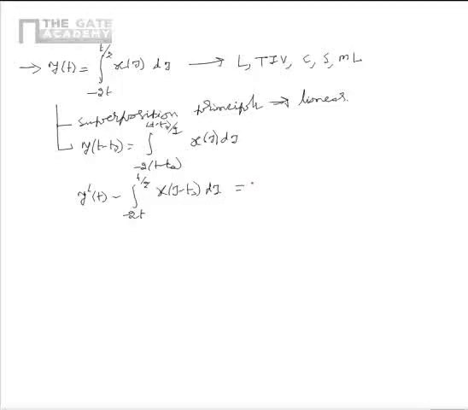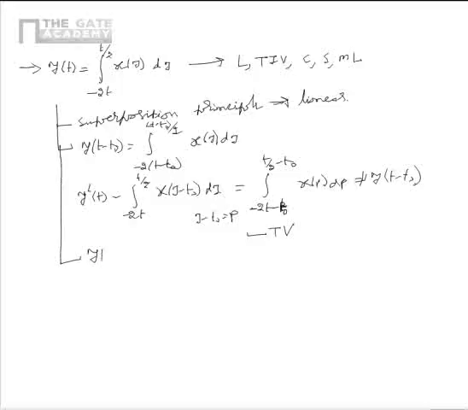Now, upon changing the integration variable to tau minus t naught equal to p, we get that this can be reduced to the integral from minus 2t minus t naught to t by 2 minus t naught of x of p dp. This is not equal to y of t minus t naught. So the delayed version of output is not equal to the output due to the delayed version of input. So the system is time variant.